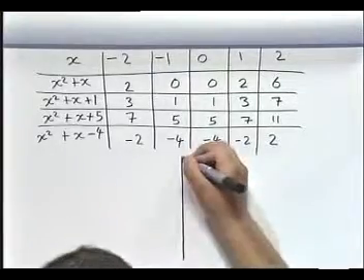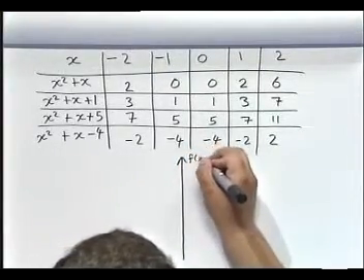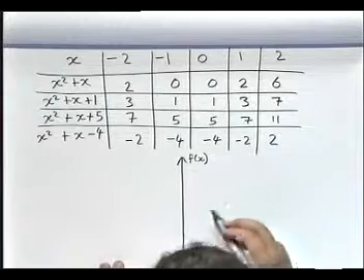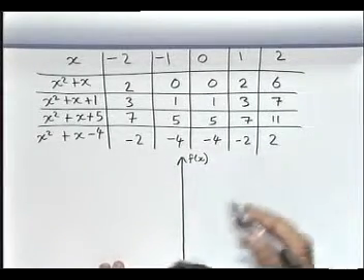So let's put this information on a graph now so we can actually see what's happening as we vary the constants at the end of this quadratic. So we've put f of x on our vertical scale. See that we need to go from minus 4 all the way up to 11.